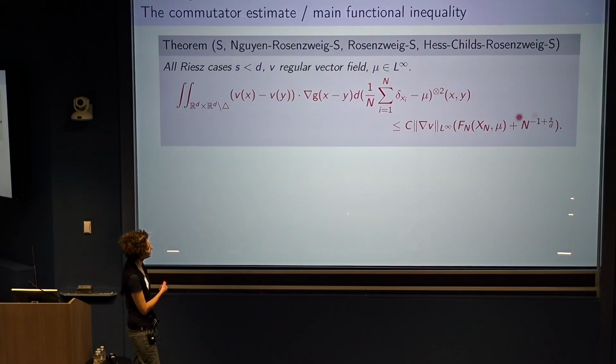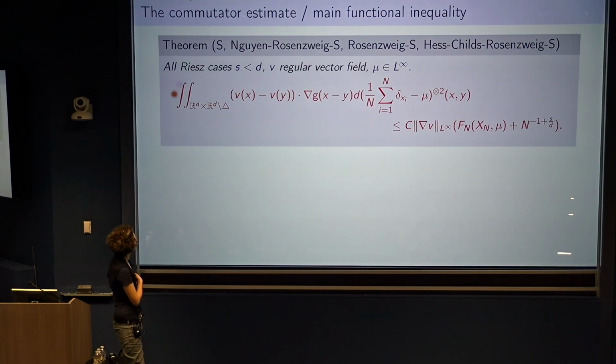This is bounded by Fn plus some small term, because here S over D, so if you remember, S is the power in the interaction, and it's always assumed to be less than D, so this is a negative power of N, so this is small. Here I put something that's like the Lipschitz norm of V, cheating a little bit because there are some more terms.